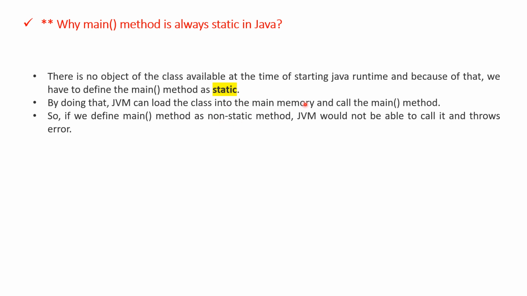So this is the reason we always declare static in the main method: for the JVM to load the class into main memory and call the main method for us.